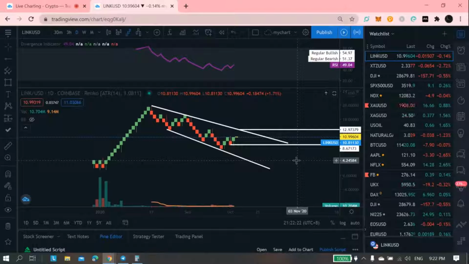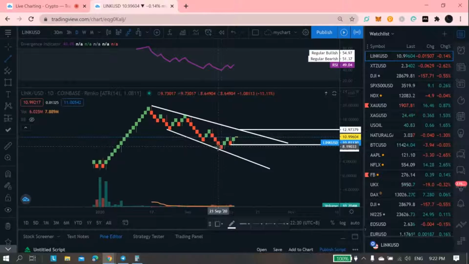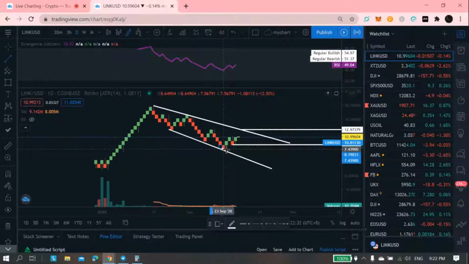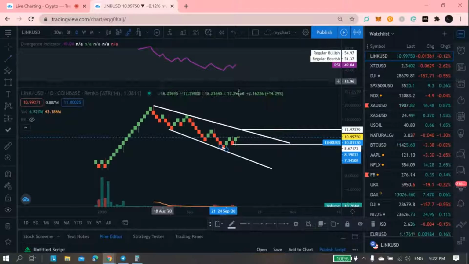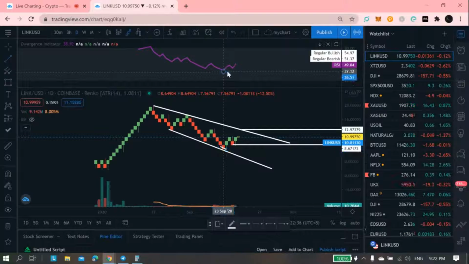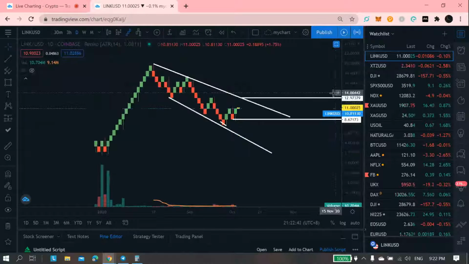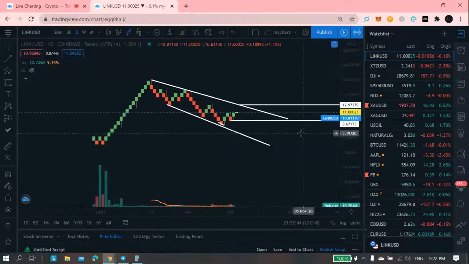Anyway, where did I enter long here? I think I entered here because I saw a divergence, a bullish divergence. The price is going down while the indicator is going up. So I entered a long trade that gives me more than 2,000 plus ROE.